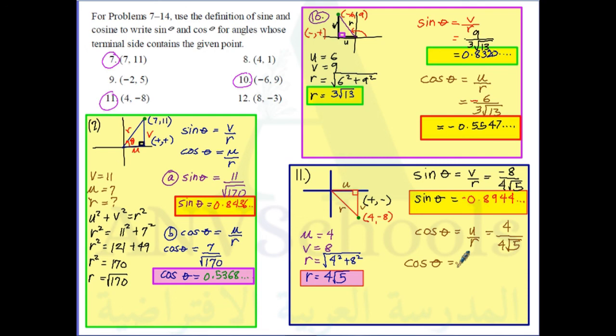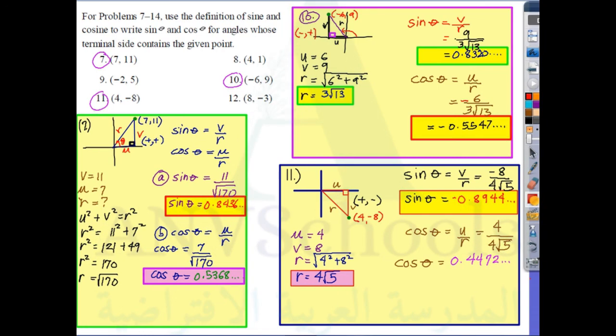That would be square root of 5 over 5, or 0.4472. This is our cosine of theta.